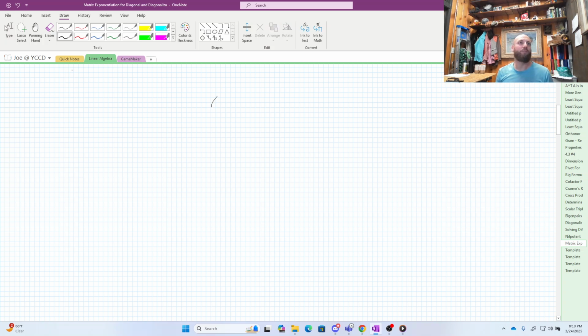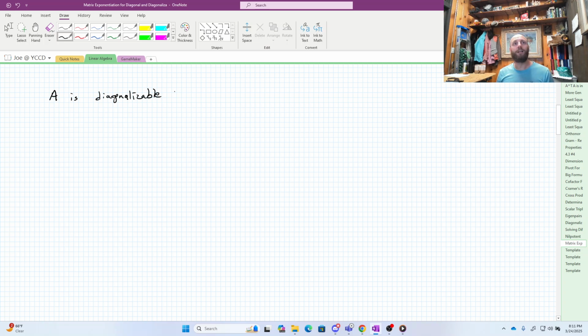So here's my slightly more complicated case. Remember when I talked about diagonalizing matrices a couple of days ago? What that means is that I could write A. Let's say A is diagonalizable. I can't spell, sorry.